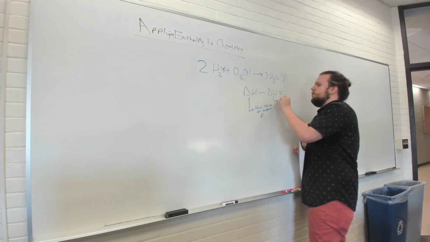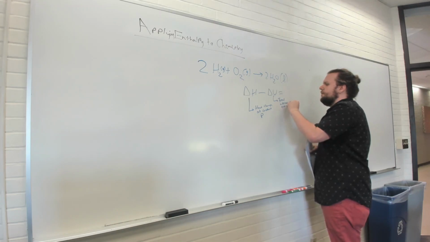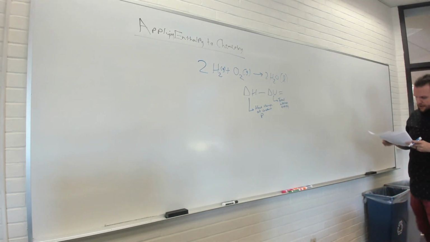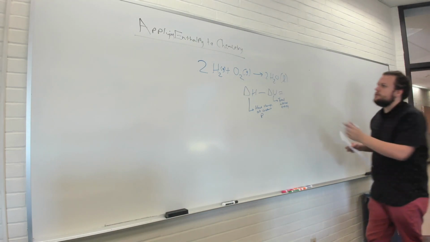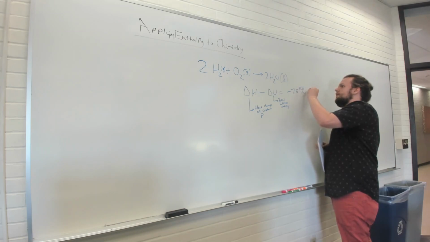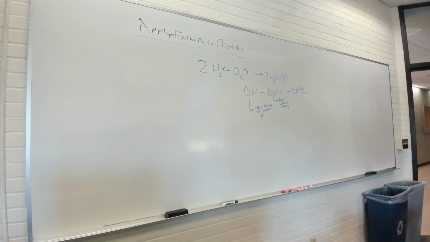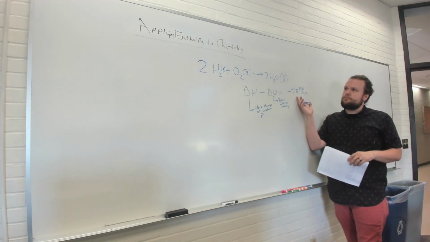And delta U, of course, is the total internal energy of the system, all the energy together, heat and work. We showed that this was largely negative, which means that the change in the internal energy outweighs the enthalpy by some amount, 7.5 kilojoules per mole.